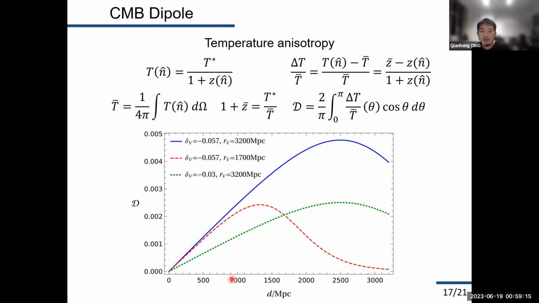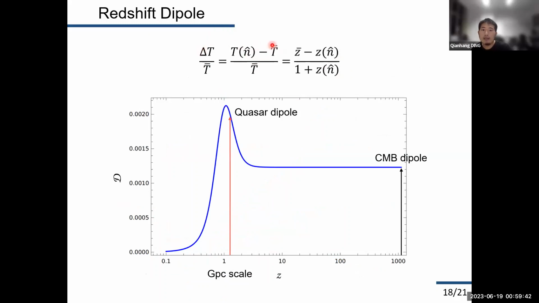We find that if the distance between the center of the void and us is larger, the amplitude will be larger. And if we consider this void profile and combine it with the observed CMB dipole amplitude, this means the distance between the void center and us is 492 megaparsecs. Also, we can calculate this redshift dipole caused by the anisotropic spacetime from low redshift to high redshift.